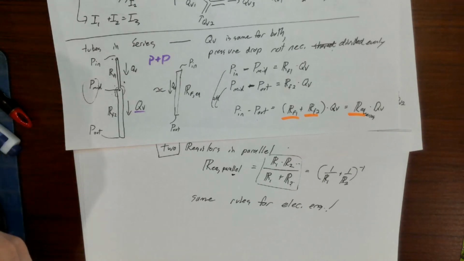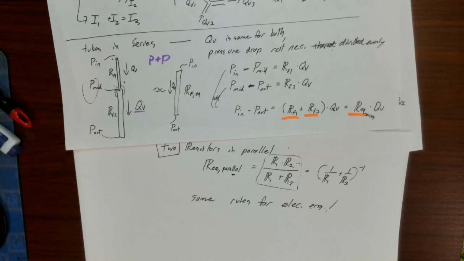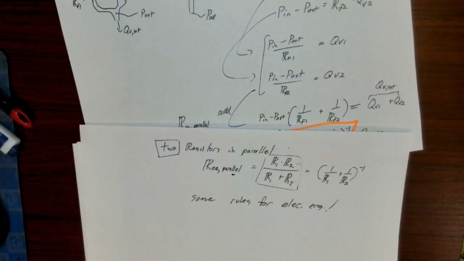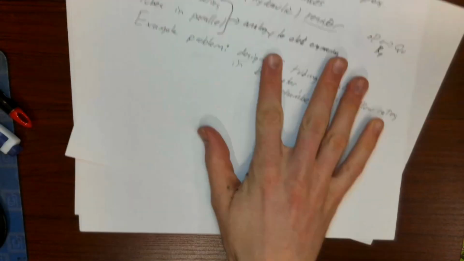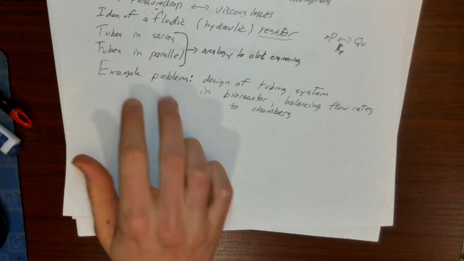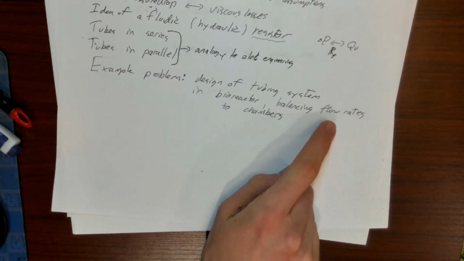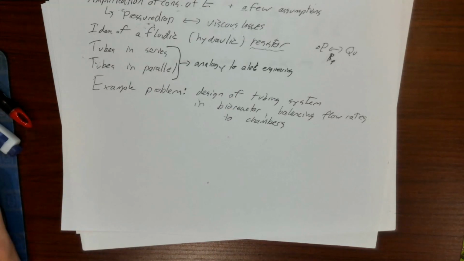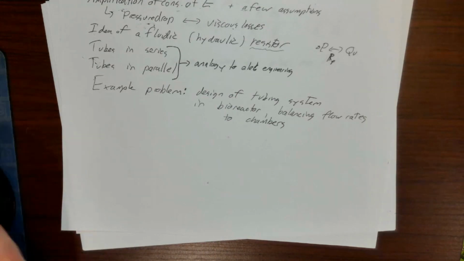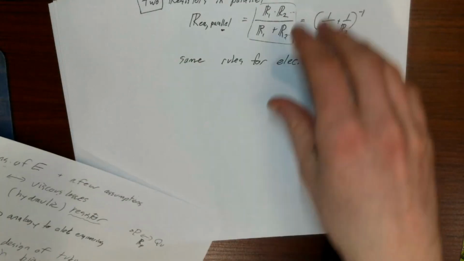So with this accelerated approach in mind, let's now proceed with doing an example problem, where we're looking to design a tubing system to balance flow rates to two different chambers where we're growing cells. So let's get started on this example problem.